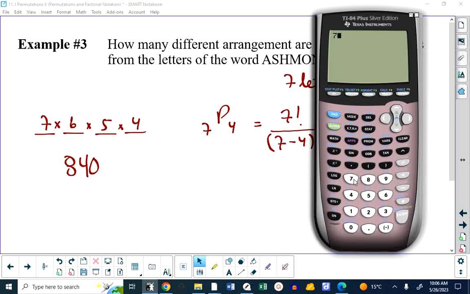I would go to my math menu, go over to the probability menu and choose nPr, and then 4. And before I hit equals, that doesn't matter, it's 840. I need you to understand, you do not need brackets around that. That function, nPr, looks to the left, grabs whatever's there, and locks it to n. And it looks to the right and grabs whatever's there and locks it.